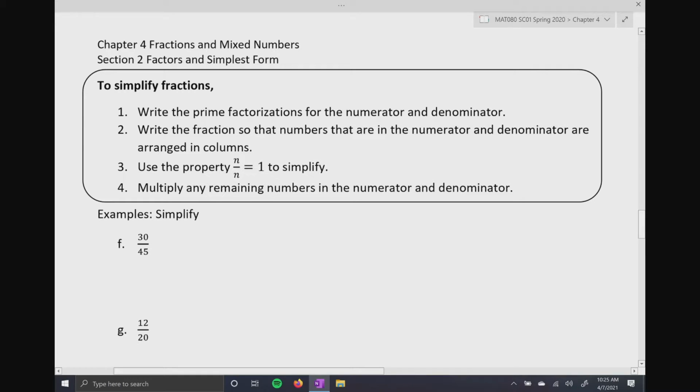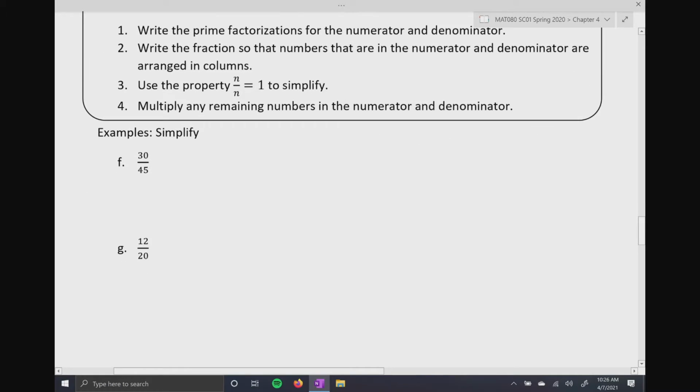Step 2, write the fraction so that numbers that are in the numerator and denominator are arranged in columns. I want the same numbers. Step 3, we're going to use this property, n over n equals 1, to simplify. And then 4, just multiply whatever's left over in the remaining numerator and denominators. So I'll do letter F. You are going to do letter G, okay?